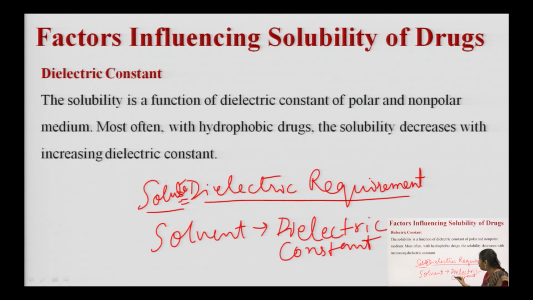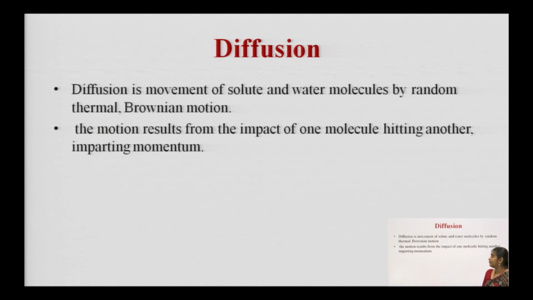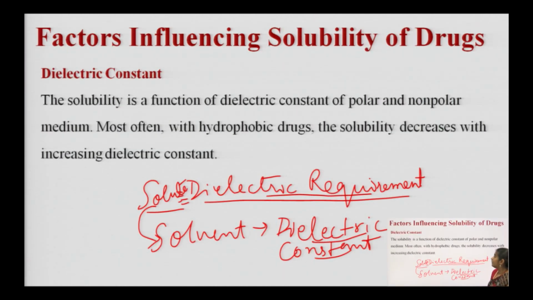If this value matches, if the dielectric requirement of the solute is same as the dielectric constant of the solvent, then only that solute will dissolve in that given solvent. So, this is called the dielectric requirement. So, this completes your factors influencing solubility of drug.